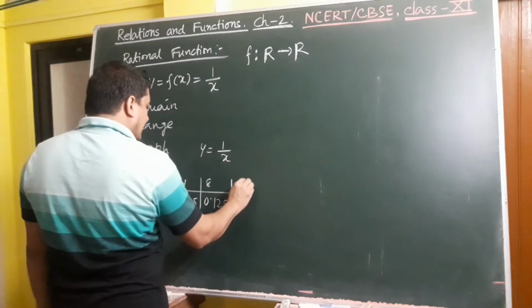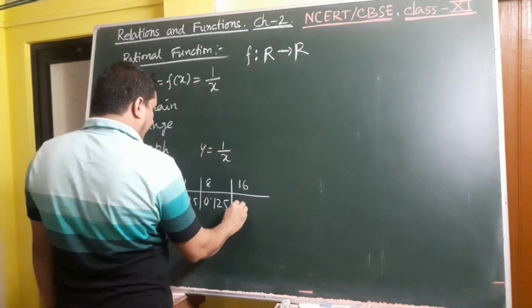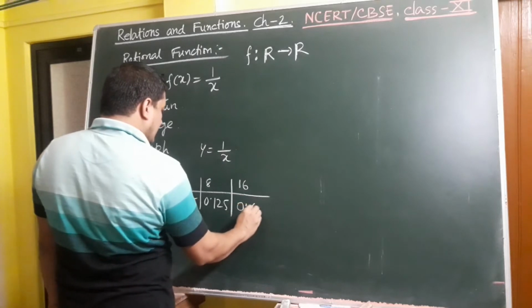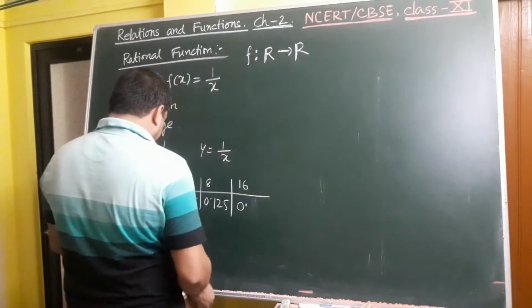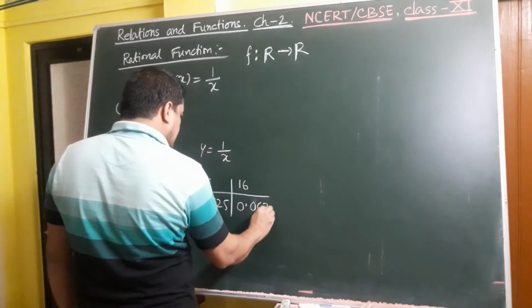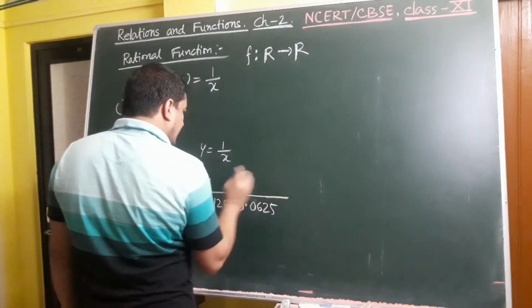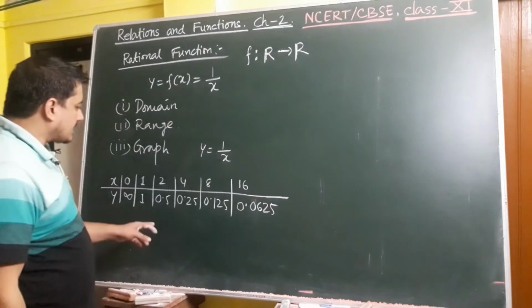If you take 16, it will be 0.0625. It goes on like this.